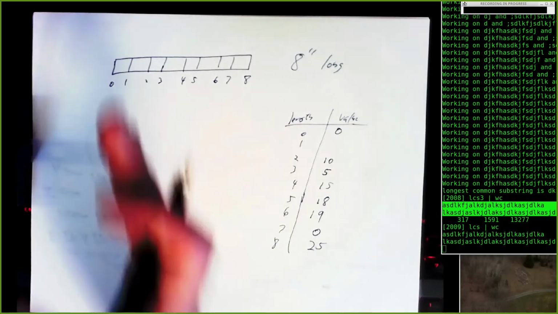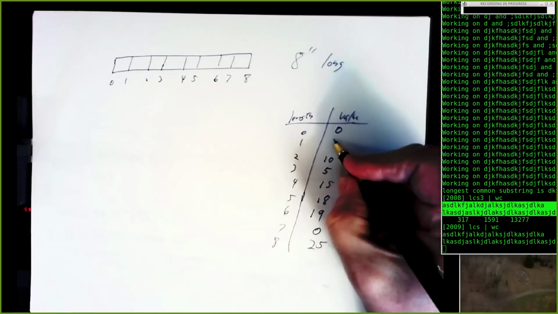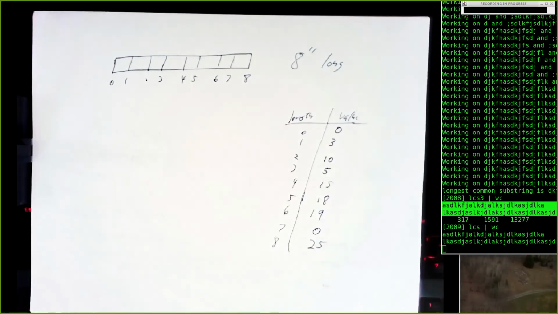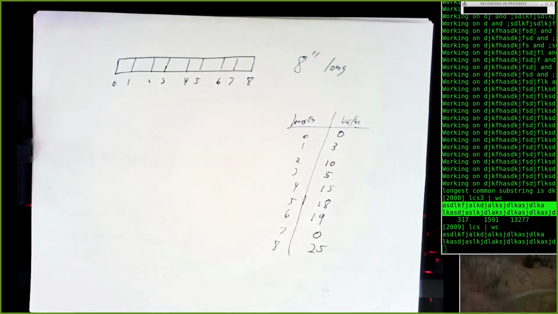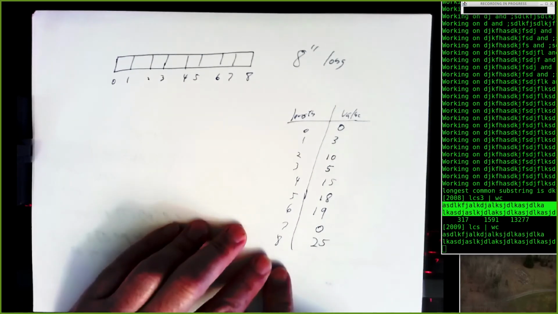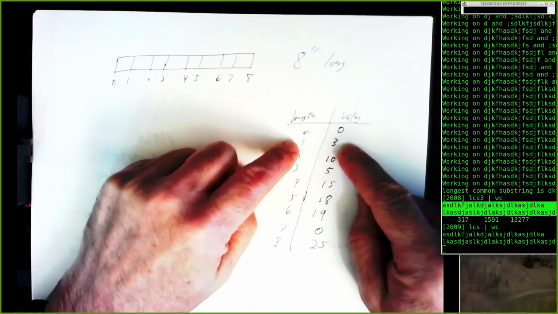And a 1-inch bar, if I just cut this into one piece, maybe that's worth $3 each. So the question is, how should I cut up this bar in order to maximize how much I can sell the pieces for? This is assuming that you've always got someone who will pay these prices for this length. So I could cut my bar into 8 1-inch pieces and sell those for $24.